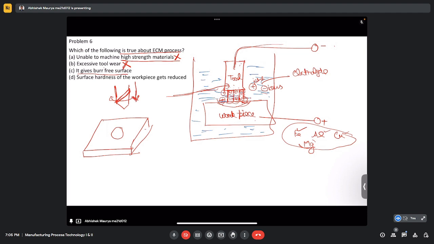After drilling, you can find on the back side some small chunk of material will remain stuck, or left out as projected material. That is called the burr.